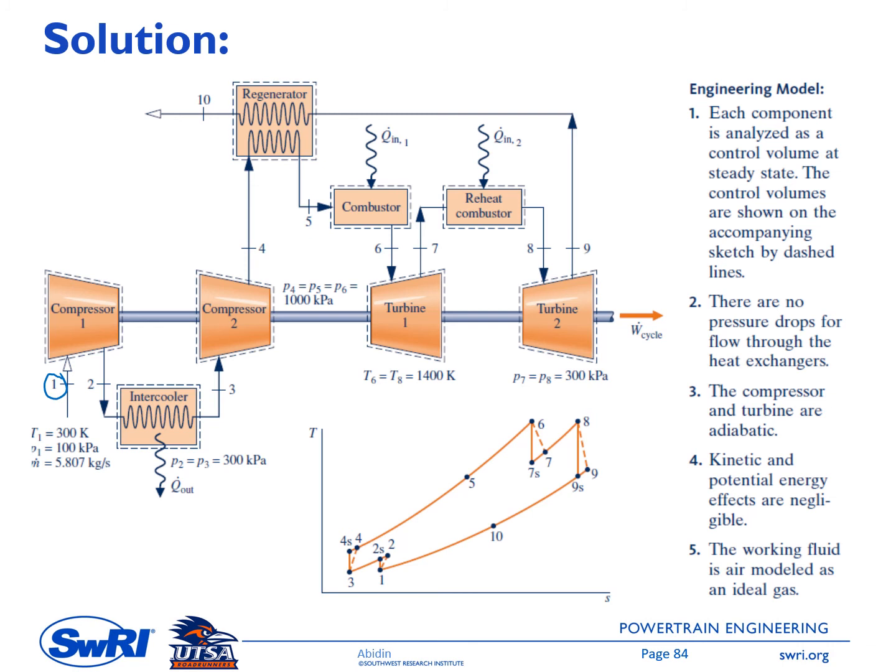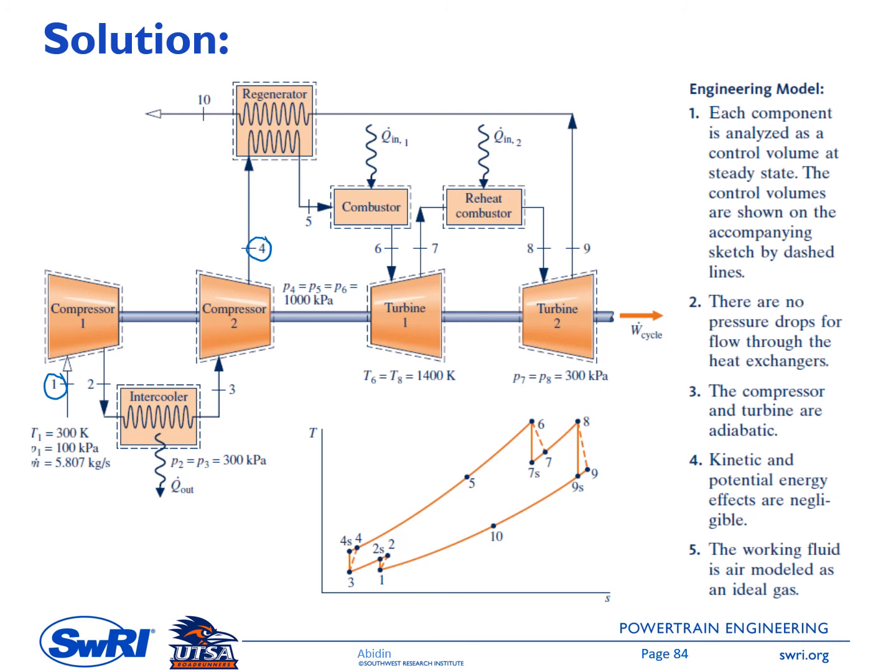And then at the exit of the second compressor, P4 equals P5 equals P6. Here we ignore the pressure drop inside the regenerator and the combustor. So P4 equals P5 equals P6 equals 1000 kilopascal.